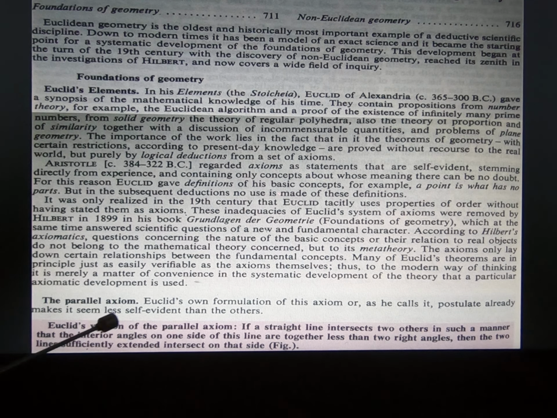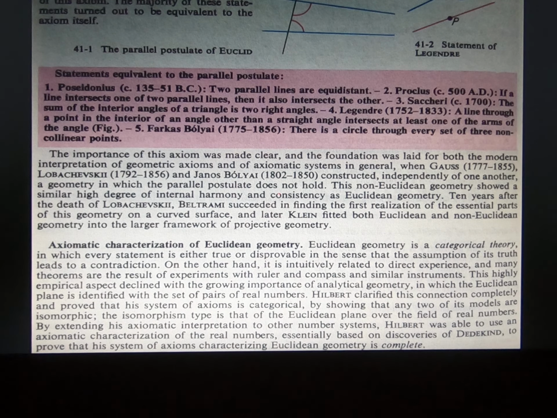However, in non-Euclidean geometry, there can be no parallel line or at least two parallel lines. This is the parallel postulate.